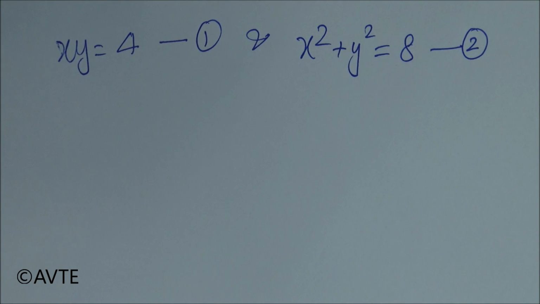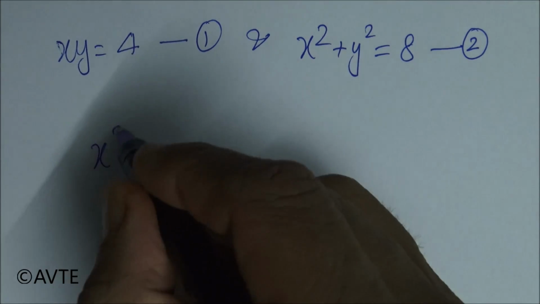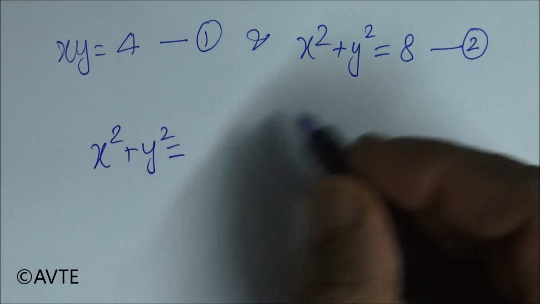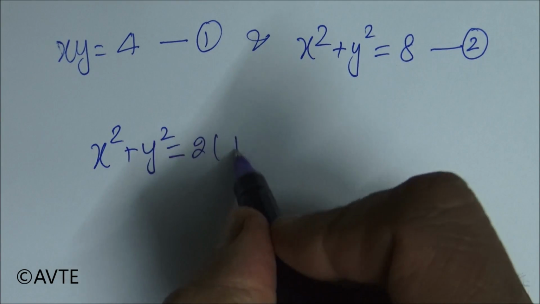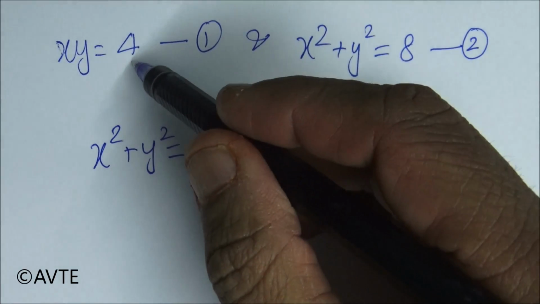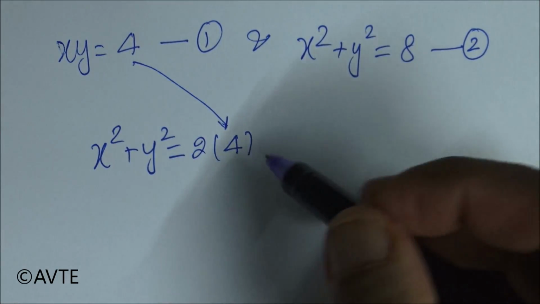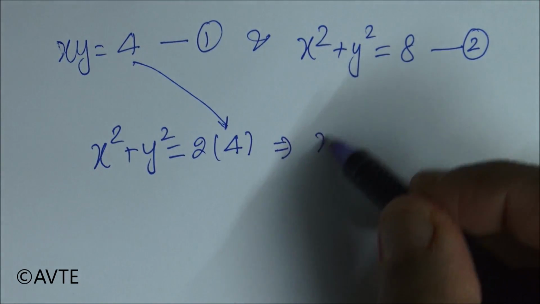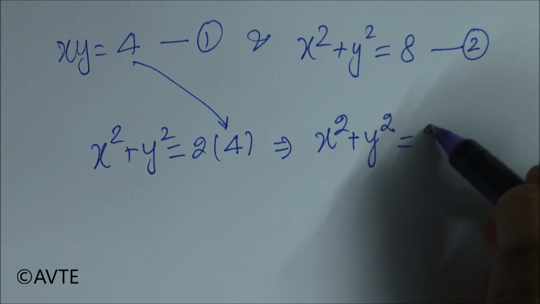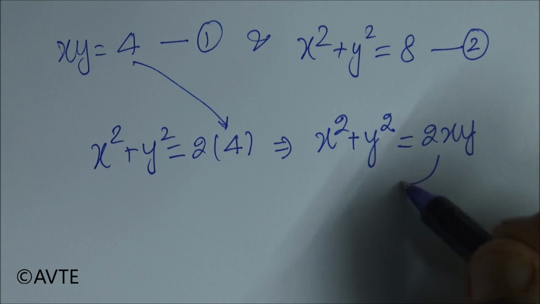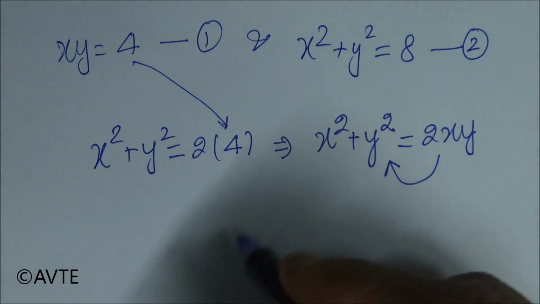But in this question, you can use a trick. I'm taking x squared plus y squared equals 8, and instead of writing 8, I'm writing 2 into 4. And from equation number 1, we'll put the value of 4 in terms of variables. So it will turn to x squared plus y squared equals 2xy. Now transform this 2xy to the other side.